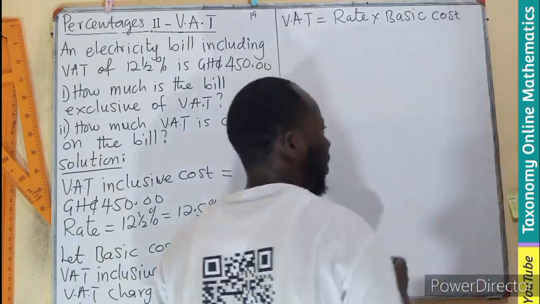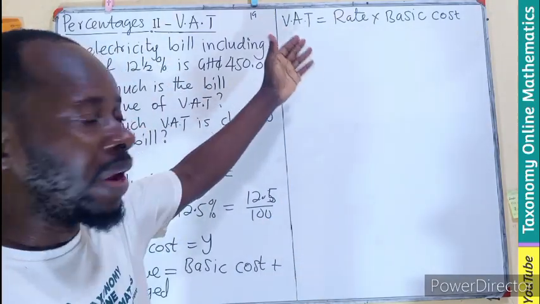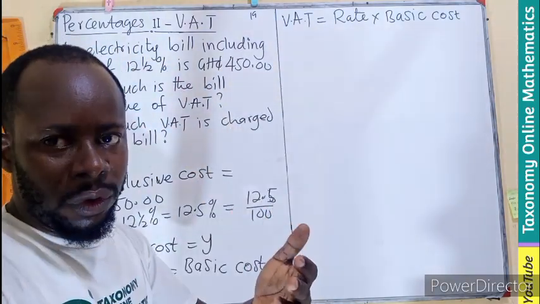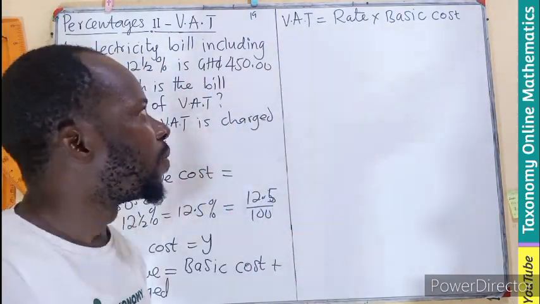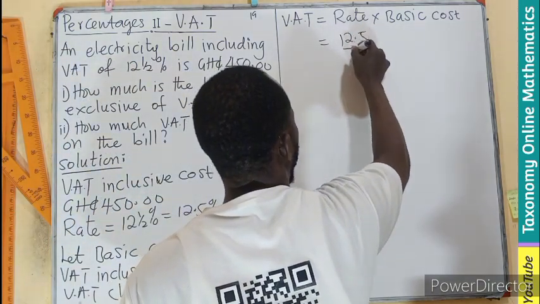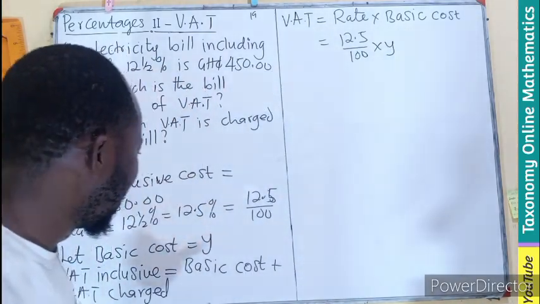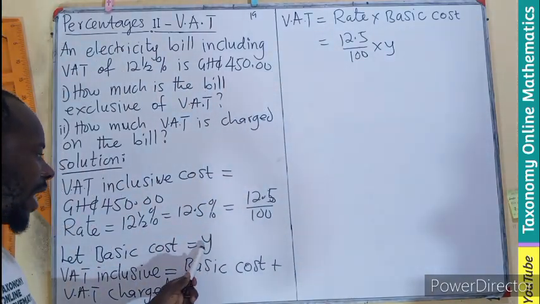Picking everything from the first episode, the understanding we have with the VAT: VAT equals the rate of VAT times the basic cost of the article. So this will now become 12.5 over 100 times Y. Remember, we are saying that the basic cost is taken as Y.